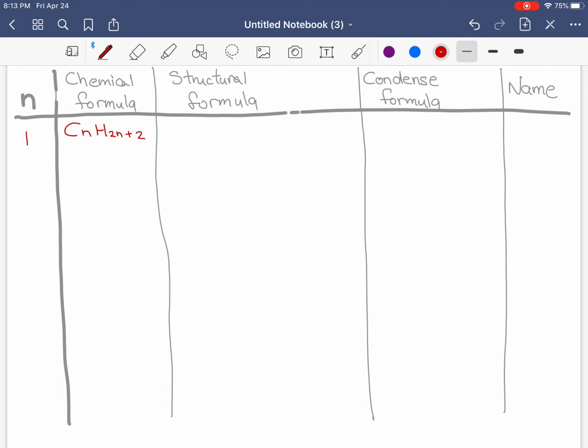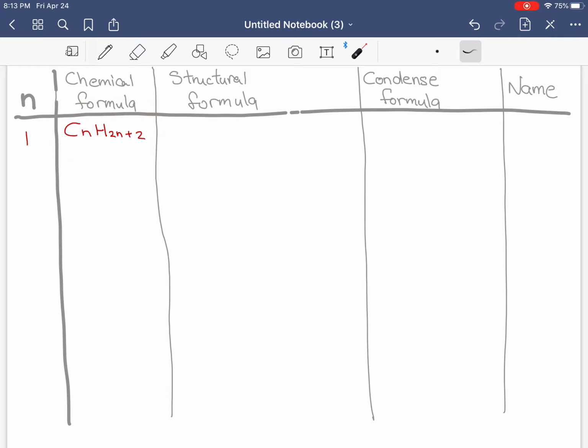This is the mathematical formula to find out different types of alkane. But I can tell you right now, it's useful for alkane, but it's no longer useful for everything after, especially when it gets a little bit too complicated. That becomes very useless. But since we're doing alkane, this is somewhat useful.